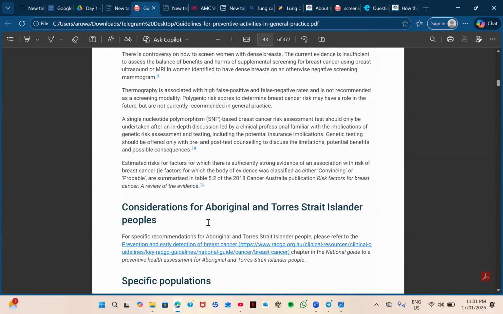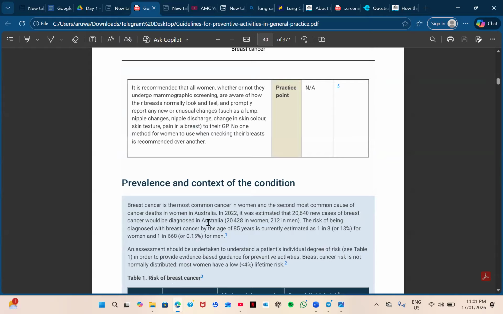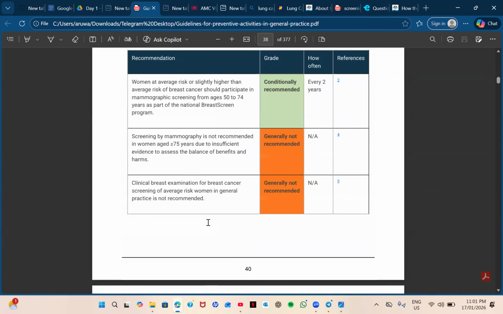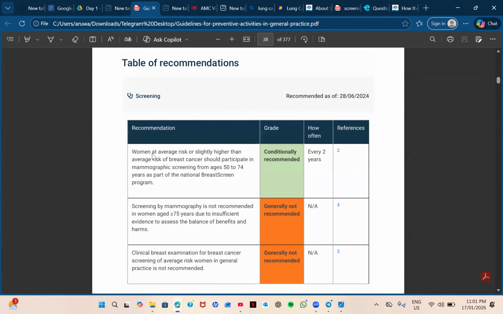Okay, let's go back to this risk and what we should do. Women at average risk or slightly higher than average risk of breast cancer should participate in the mammographic screening program from 50 to 74 years as part of the national breast screening program.